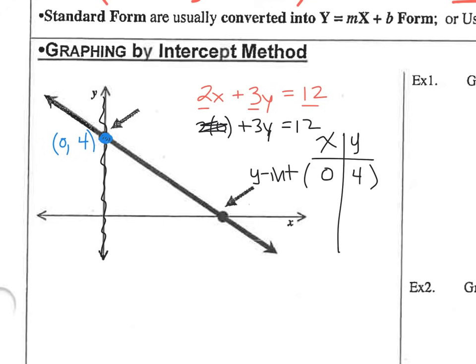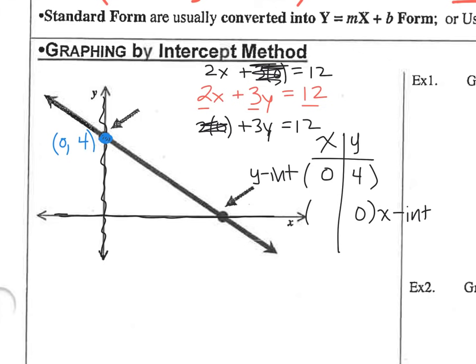Next, I am going to plug in 0 for y. If I plug in 0 for y, that is going to find the x-intercept, because all the points on the x-axis have a y value of 0. So I come back up here, and I've got 2x + 3 times 0 = 12.